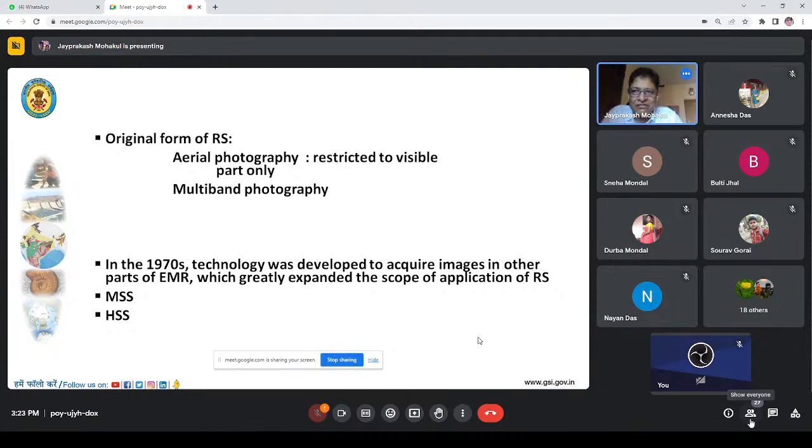All of you are using a camera, no? Our mobile camera, right? Yes, sir. Can anybody tell me what you mean by resolution?